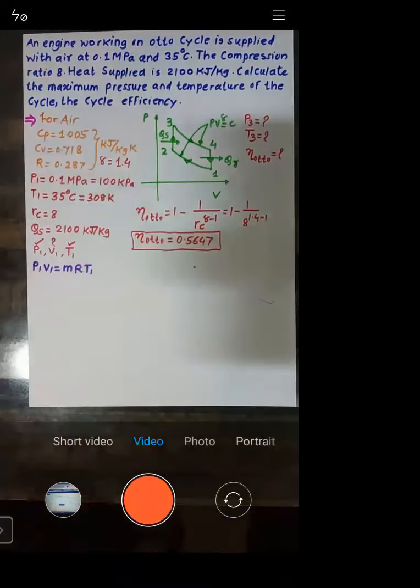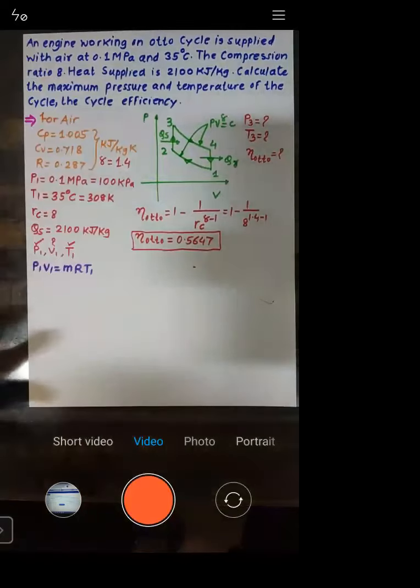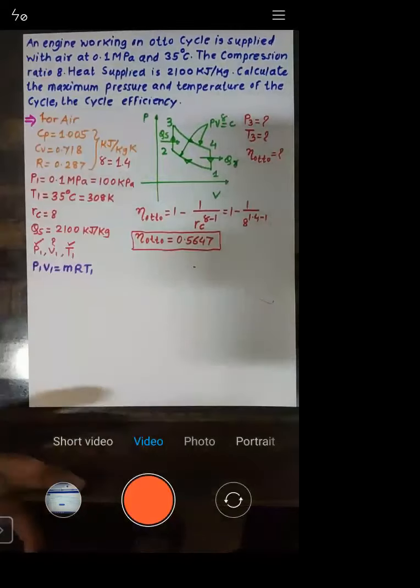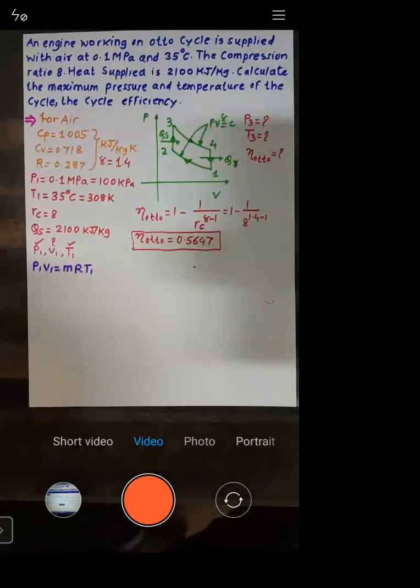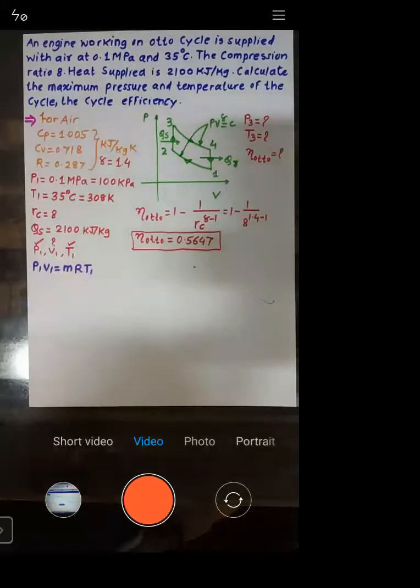Similarly, you can apply P2 V2 is equal to mRT2, P3 V3 is equal to mRT3, P4 V4 is equal to mRT4. So you can apply the ideal gas equation between any states.